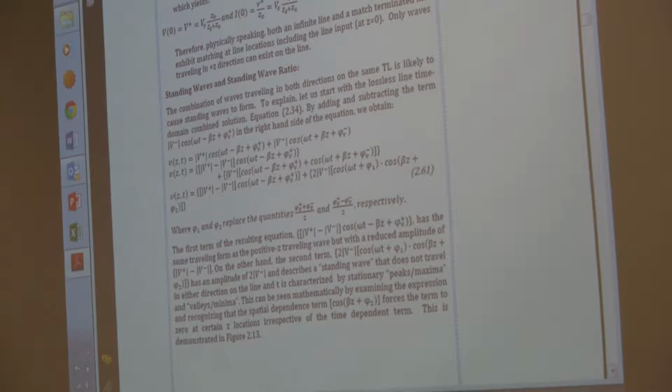So it's important to get rid of reflections and achieve matching. And we said matching actually has two versions of it. A version for maximum power delivery, which requires that the load be the conjugate of the source, while the matching in terms of no reflections implies that the source and the load must equal in impedances.